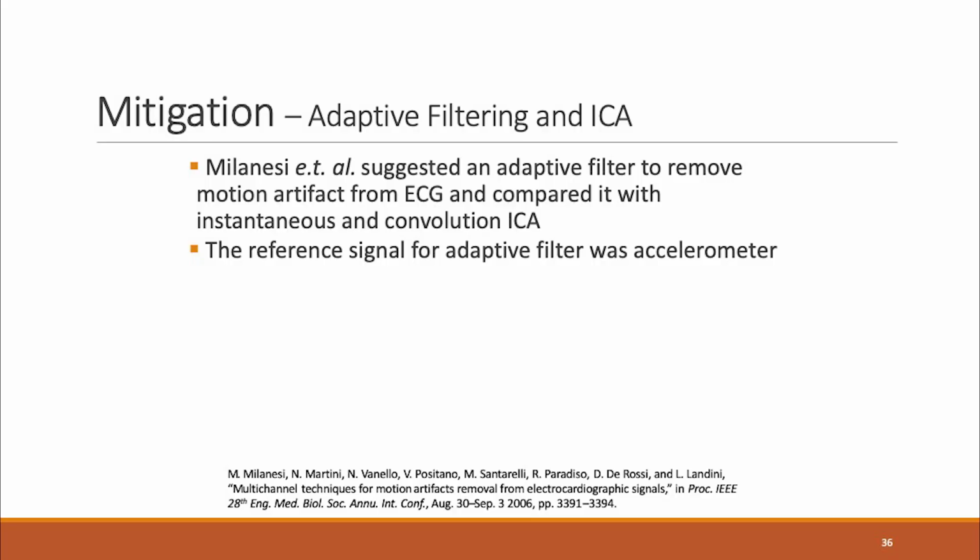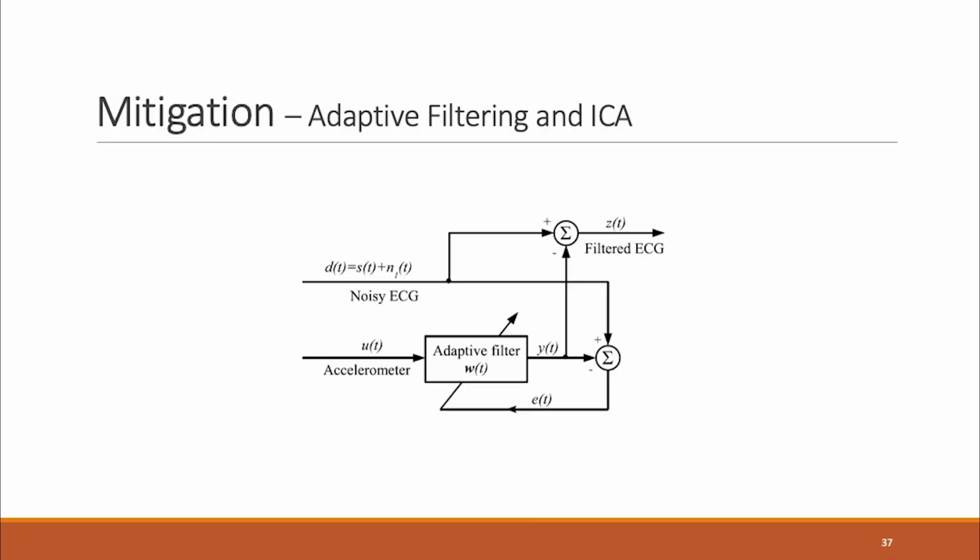They decided to use an adaptive filter, and they used the accelerometer as a reference signal. Again, this is a very standard adaptive filtering. But here's the interesting thing: they're using an accelerometer as a substitute for the noise signal. And you adjust your adaptive filter in order to achieve a filtered ECG signal. And when compared with the ICA, they're able to achieve the error mean.